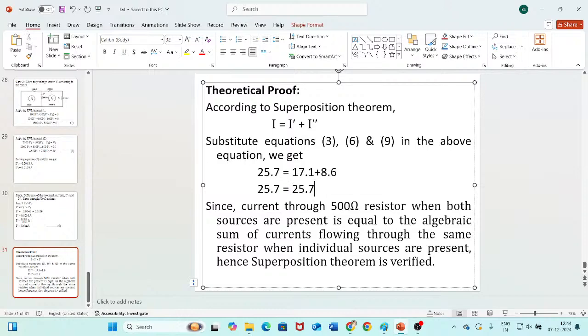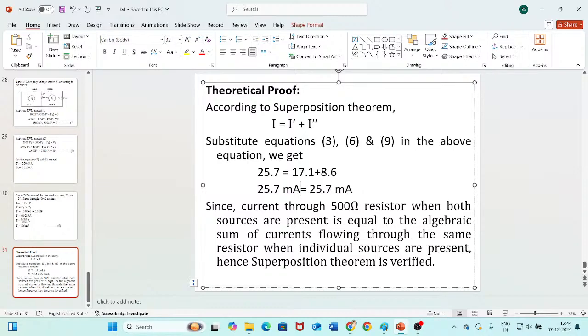These are milliampere values. I should not write milliamperes in the equation, but I am writing it here. So both are in milliamperes. So 25.7 is equal to 25.7.